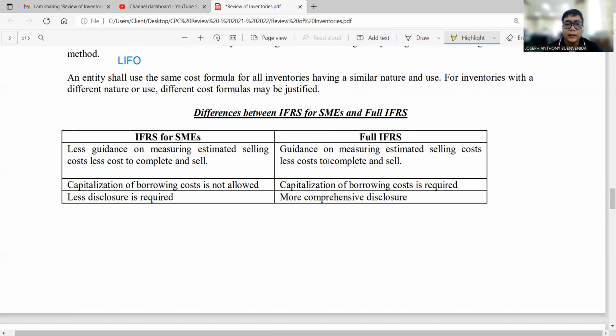But for SMEs, there is some leeway in measuring inventory. Under full IFRS, the cost of borrowing is required if any; in SMEs, there is no borrowing cost. IFRS for SMEs requires less disclosure, meaning fewer notes, while the full standard requires many disclosures.